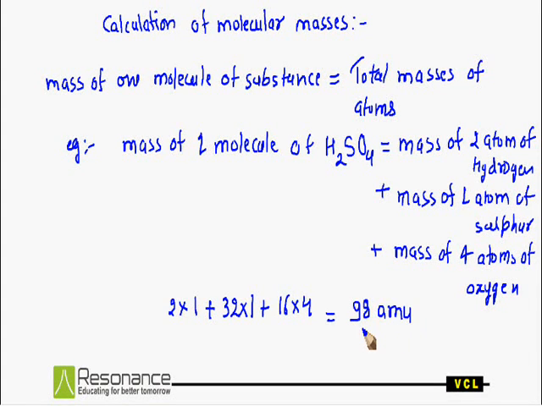If we write AMU, it denotes the mass of one molecule of H2SO4. If we write only 98, then it denotes only the relative molecular mass of H2SO4.